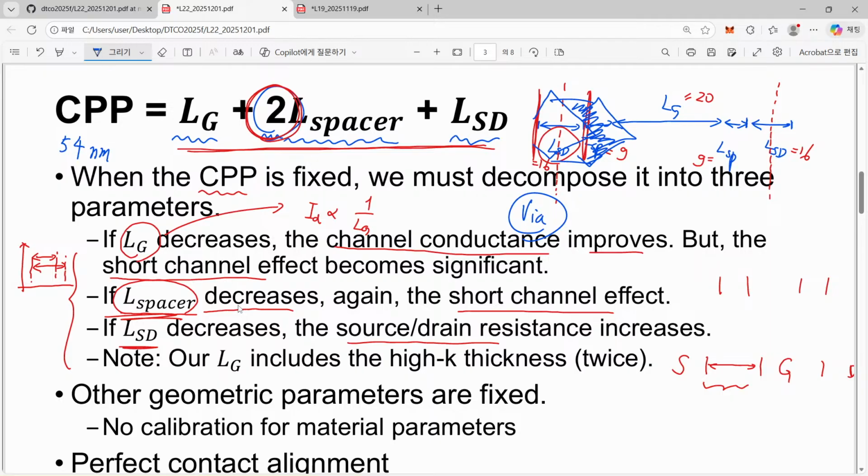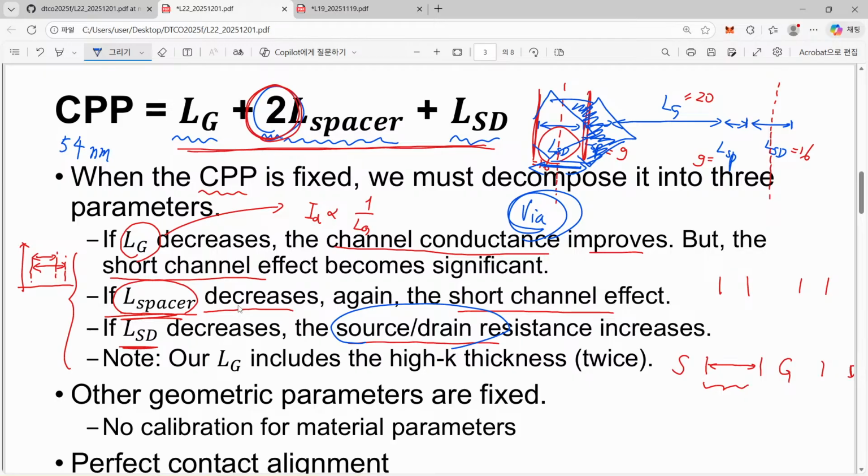Since this length is now shorter, it means that not only the doped source and drain region, but also the via size is reduced and it becomes more difficult to reliably manufacture this structure.